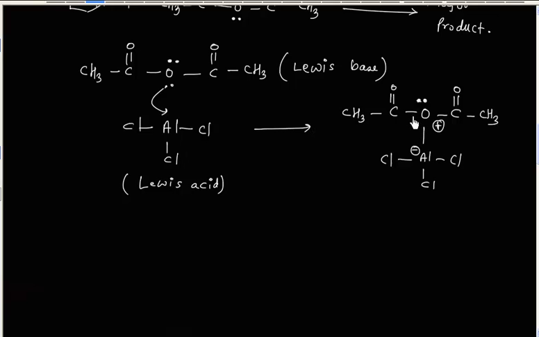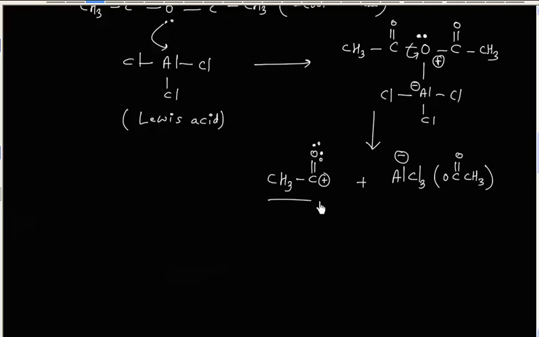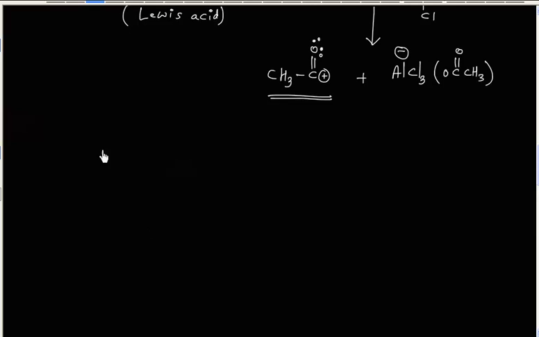Now this bond becomes weak, so next step we can break this bond to generate CH3CO plus, that is an acylinium ion, and we will have an inorganic product. Now we have generated an acylinium ion.